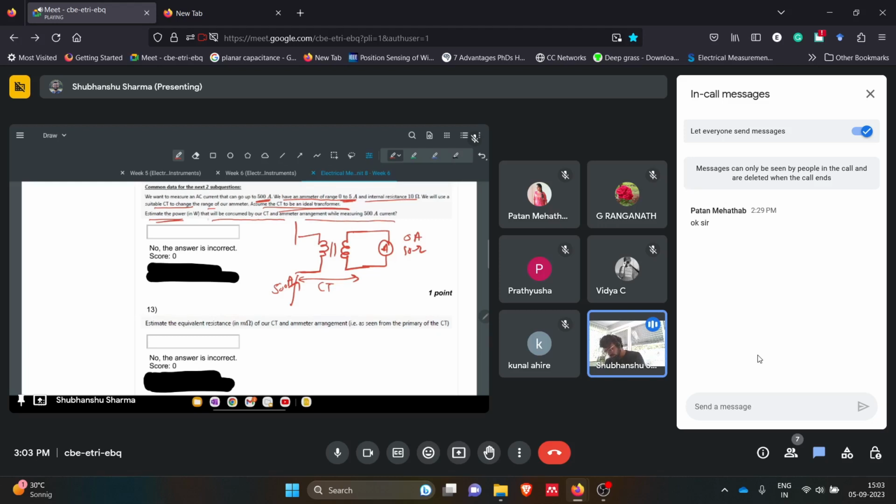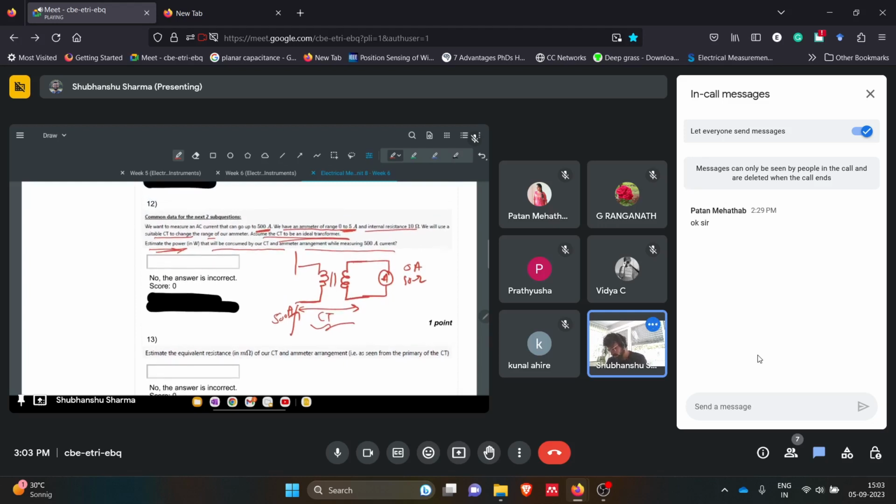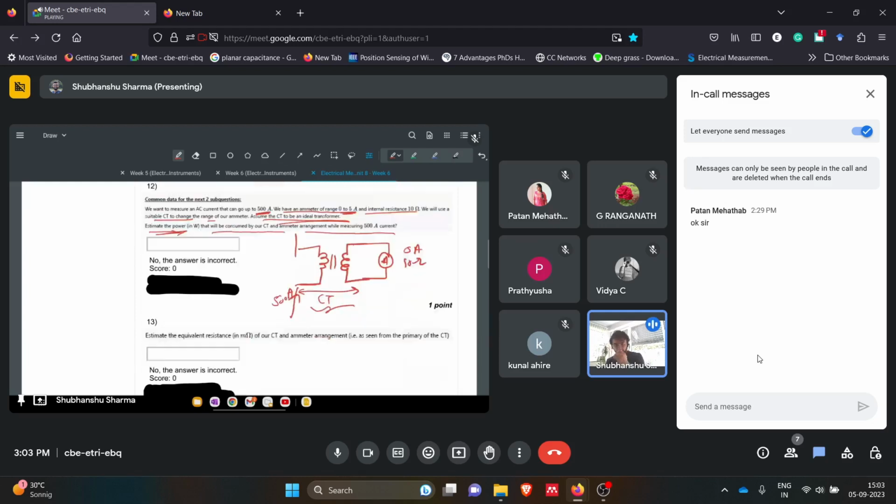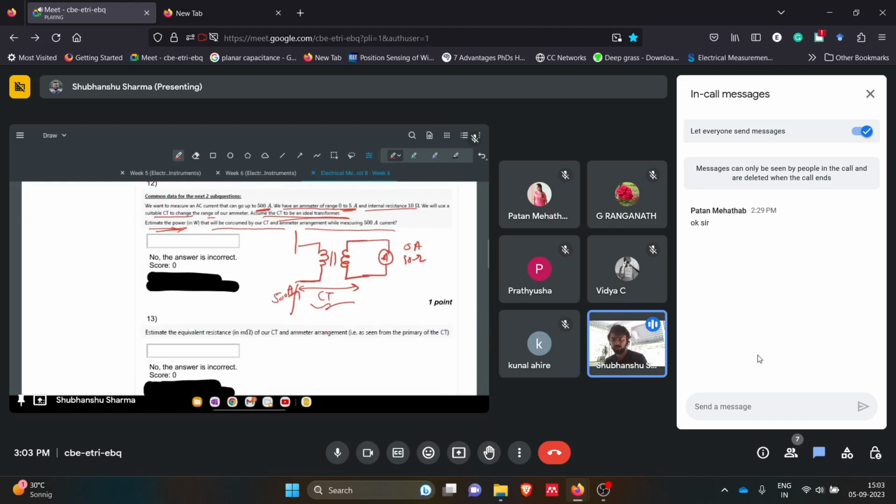So they are asking what will be the power being used by the CT. We did something similar with respect to PT, where we did the calculation of the power. In this case again, this is 5 ampere. This power can be V1 I1. So what will be the voltage for this side?